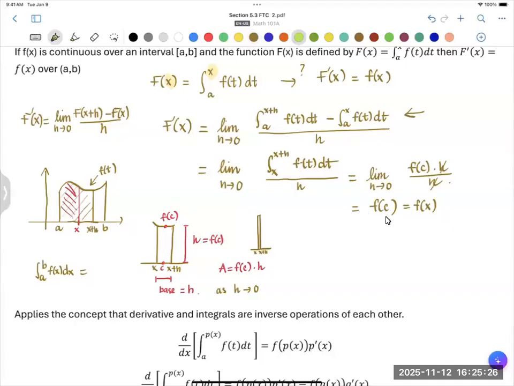This actually shows you the concept that the derivative and the integral are inverses of each other.